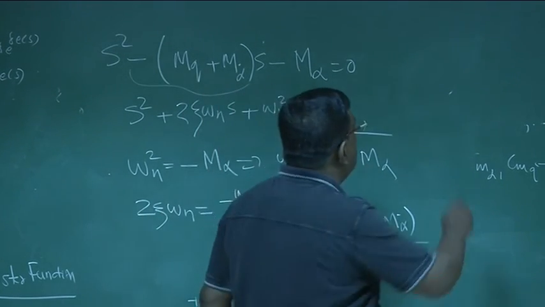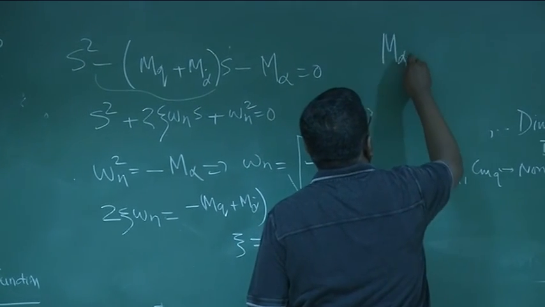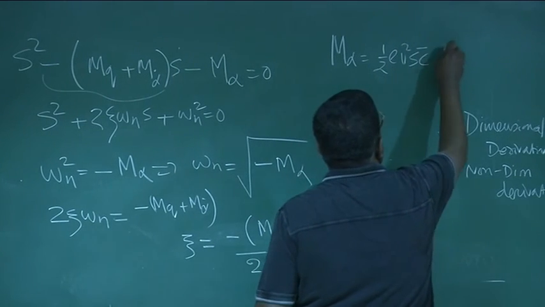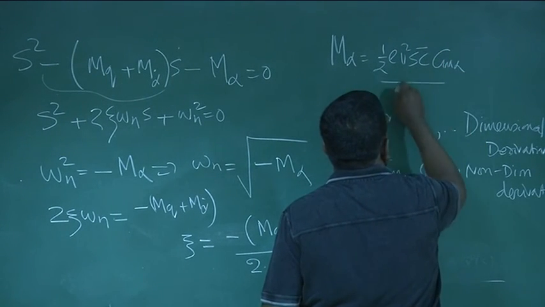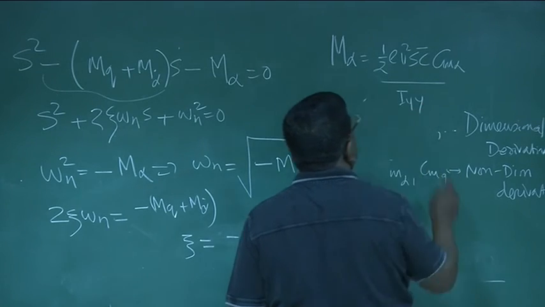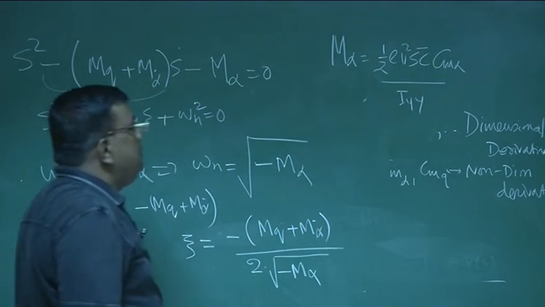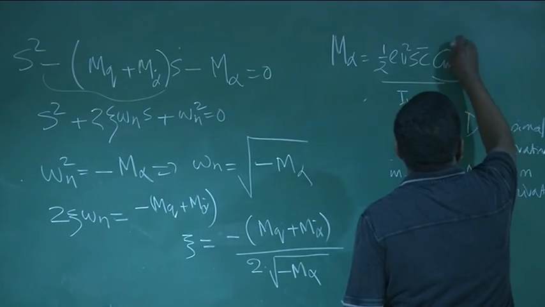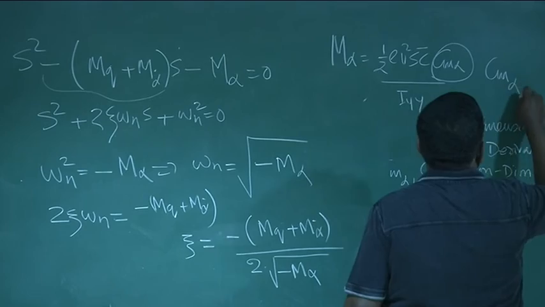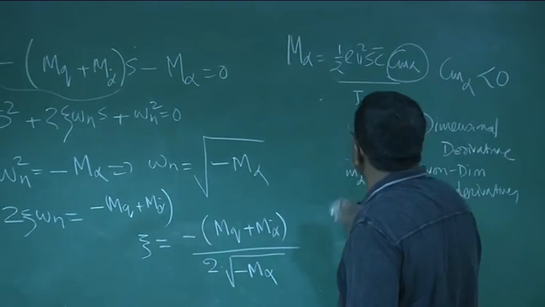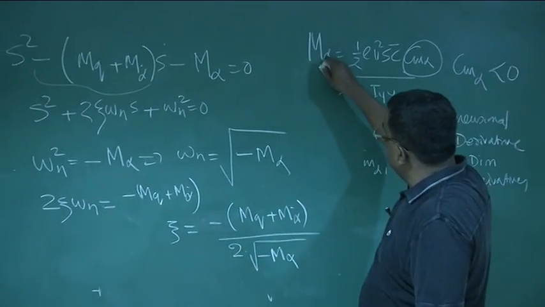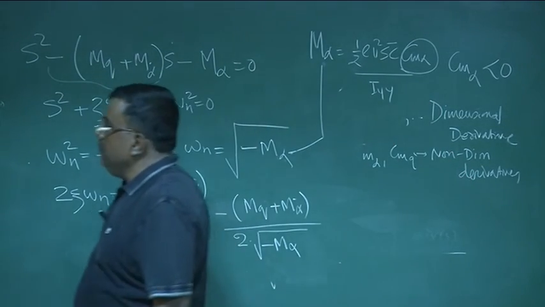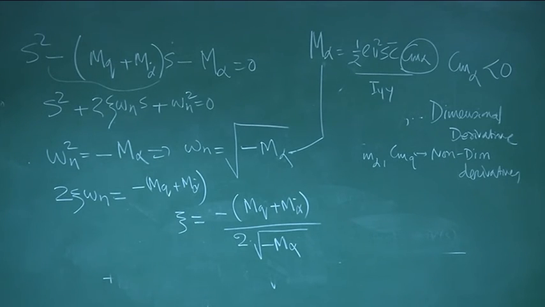No, because what is the expression of M alpha? That's nothing but half rho V square S c bar Cm alpha by I yy. Now, for a statically stable airplane, Cm alpha is negative, so M alpha sign is negative. So when you put the negative sign in front of a negative, you get a positive number. So no confusion or conflict.